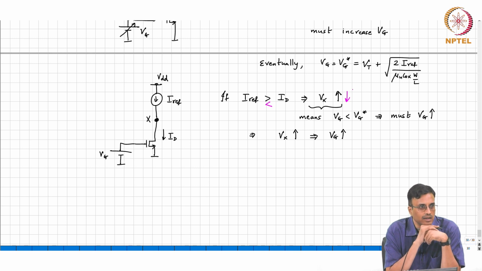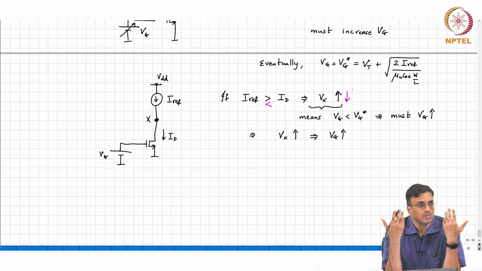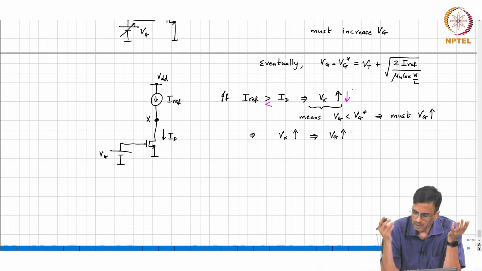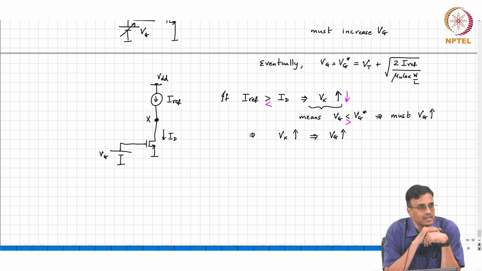If Vx is falling, it means that the drain current is more than the desired one. So, that basically means that Vg is greater than the magic voltage Vg star. We must reduce Vg.